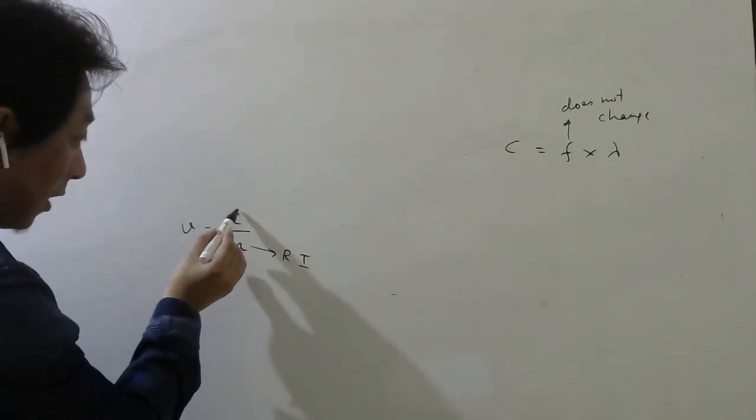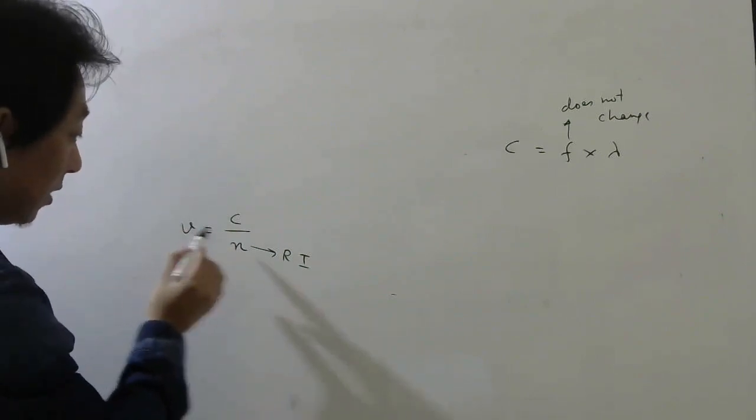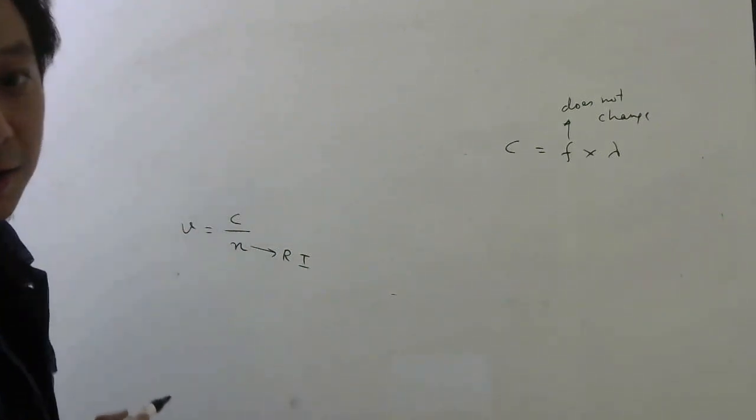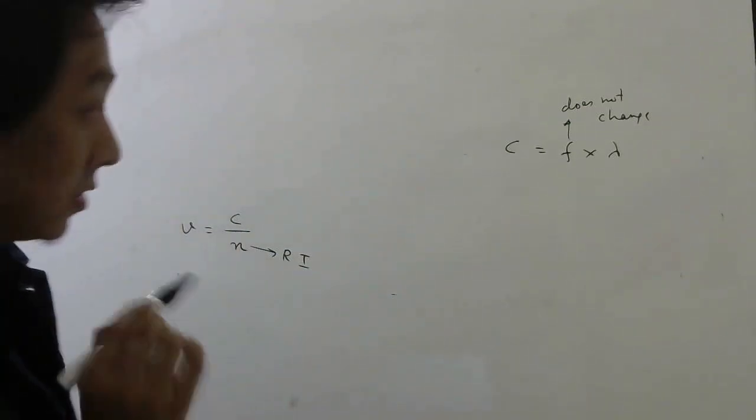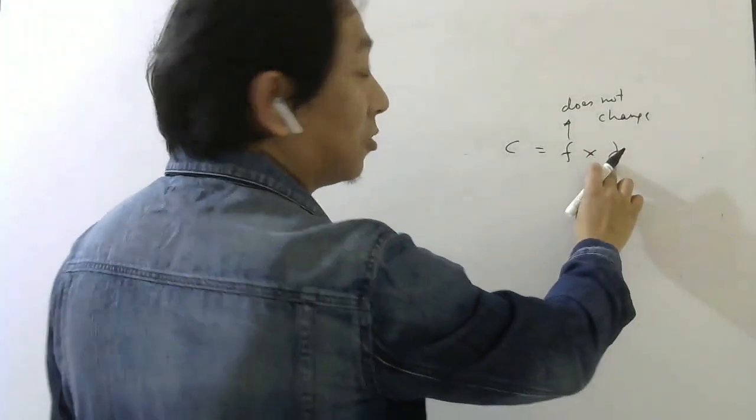So the speed decreases. See, in vacuum it is this much. In a medium it is divided by a number greater than 1, so the speed will decrease by that many times. Similarly, if this decreases, this also should decrease.